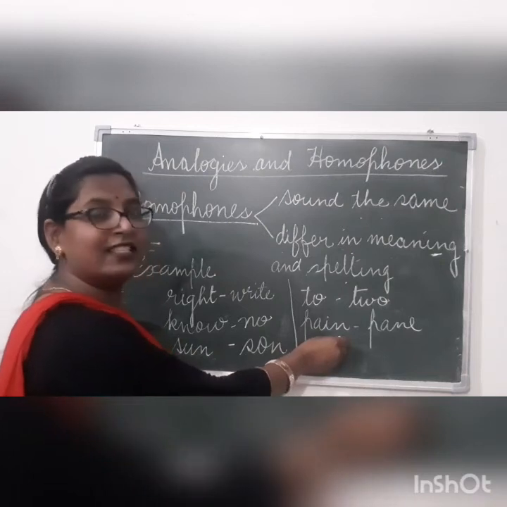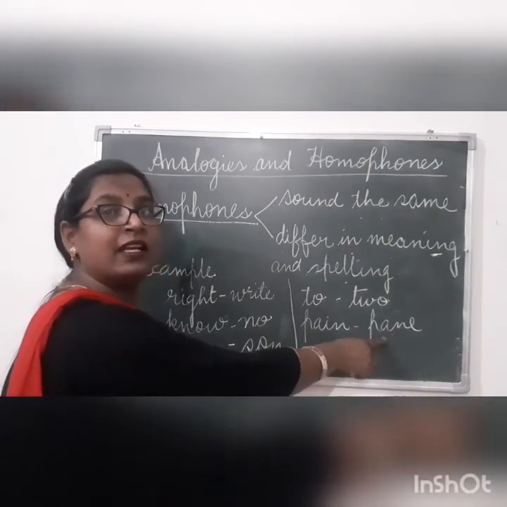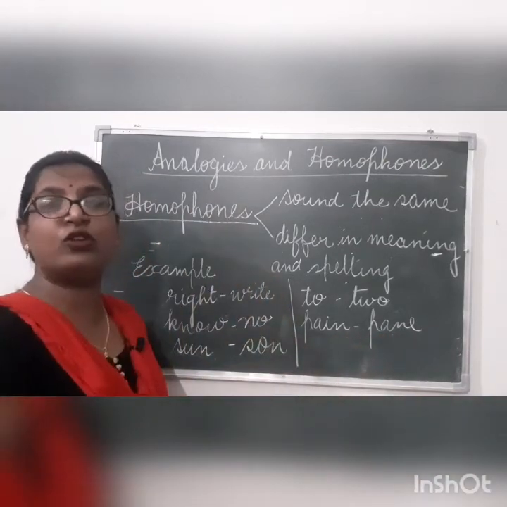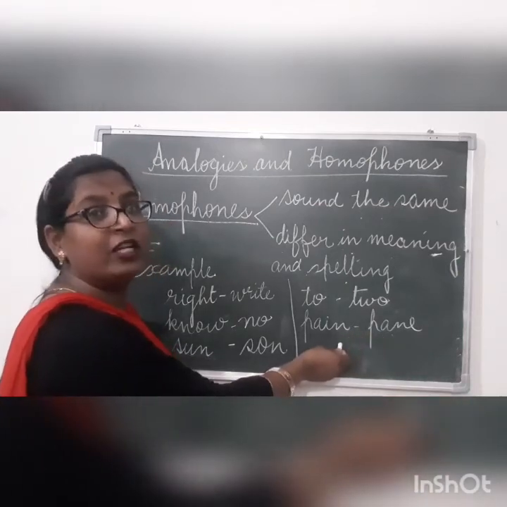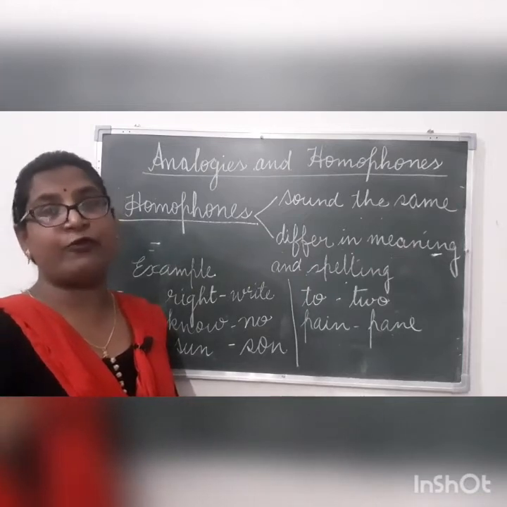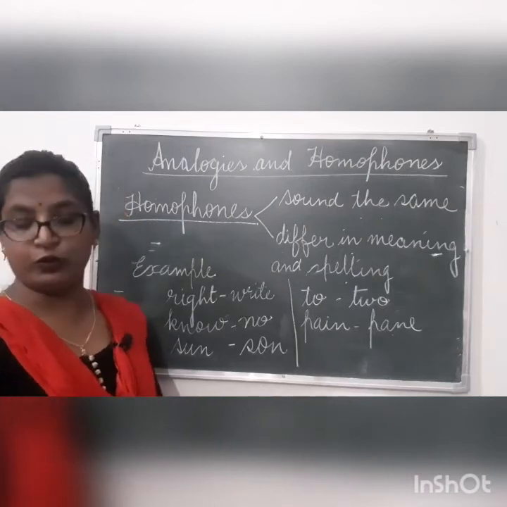P-A-I-N, pain, suffering. P-A-N-E, pane. This pane means the single glass of the window or door. So both the words sound the same, but their spellings and meanings are different from each other. These kinds of words are called homophones.